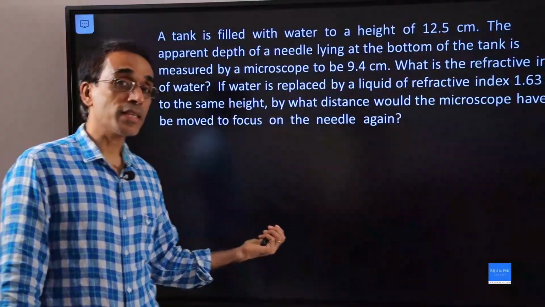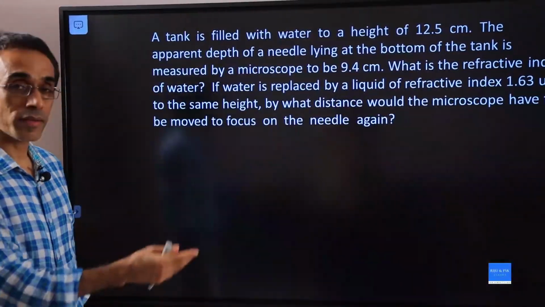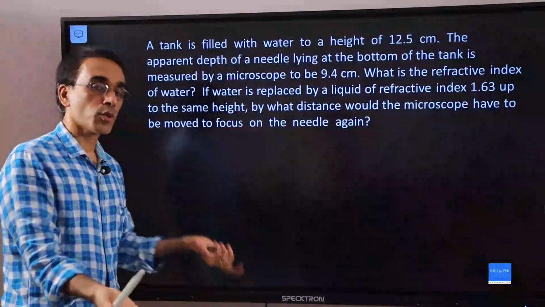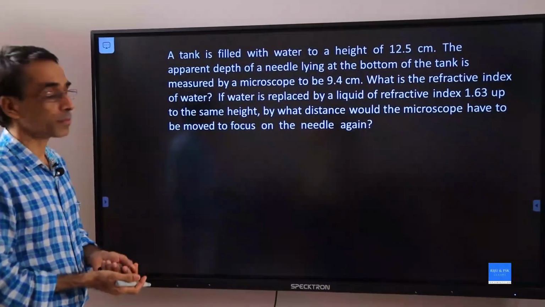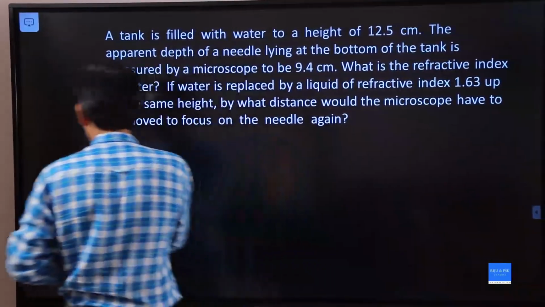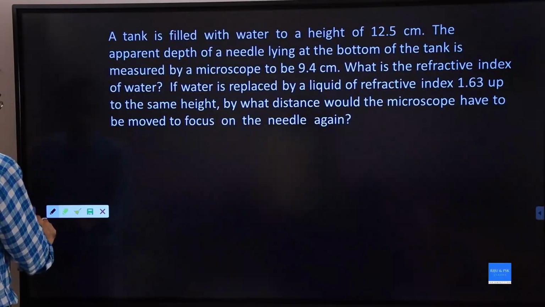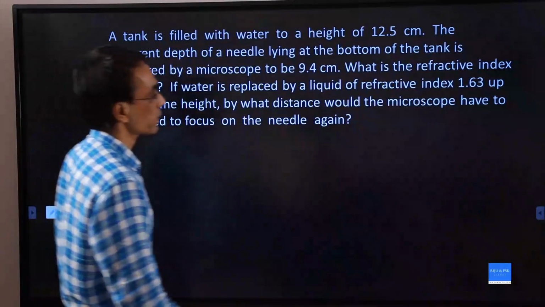This is a question from NCERT, and this has come 2 times in your board examination. Once as a derivation, another time as a numerical question. It's about apparent depth. What is given? There is a water tank filled up to 12.5 centimeter, and there is a needle lying at the bottom of the tank.